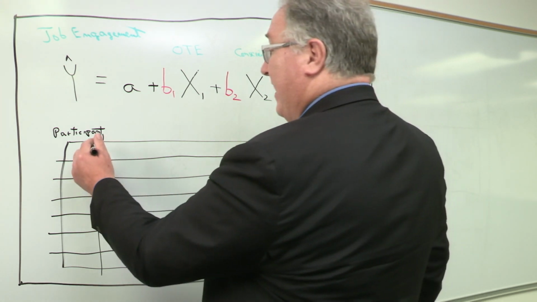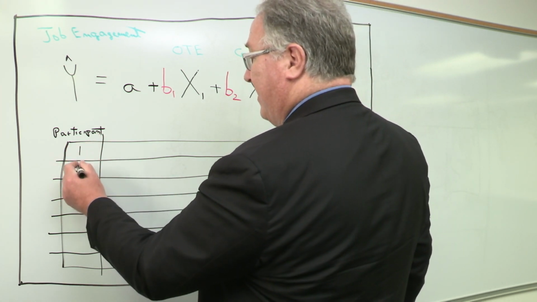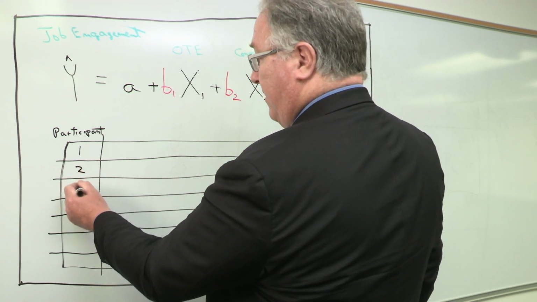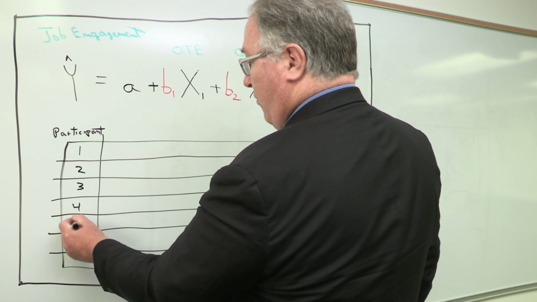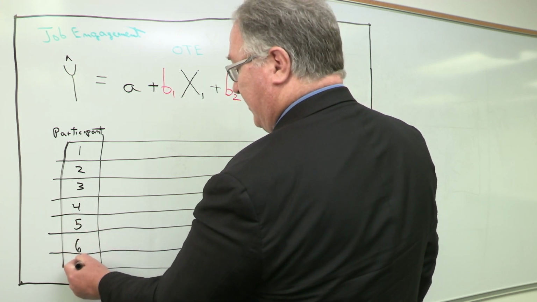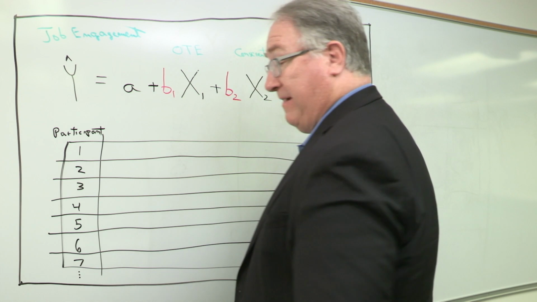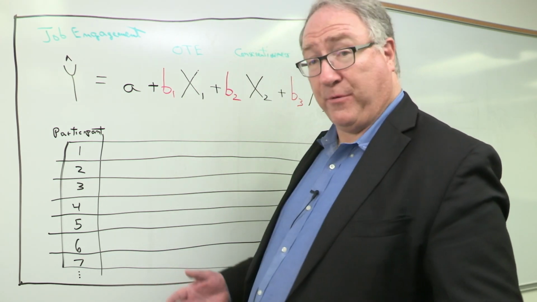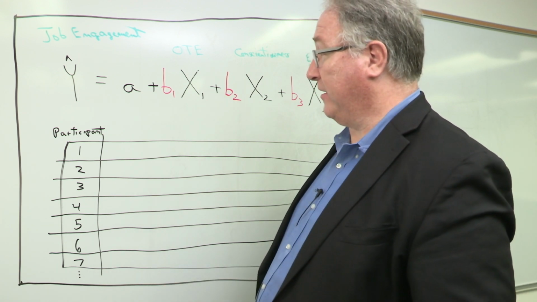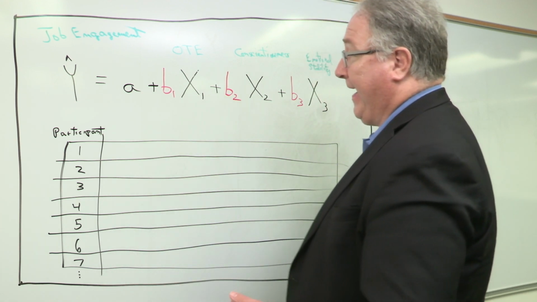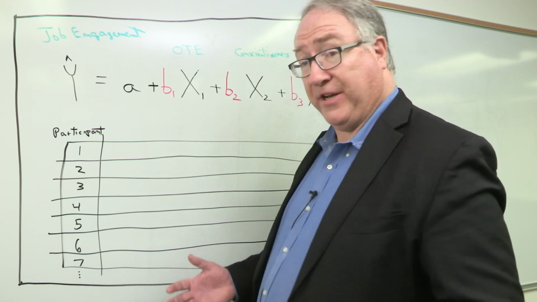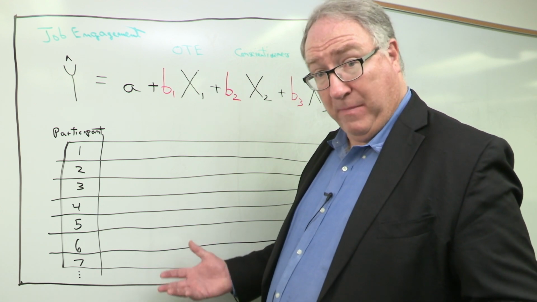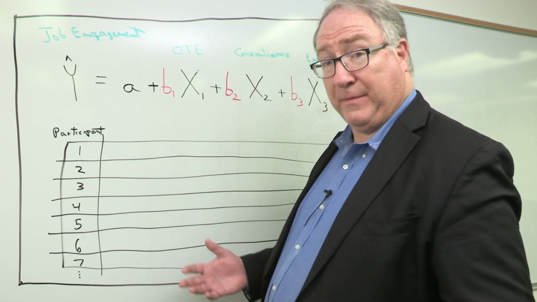All right. So here we have participant 1, 2, 3, 4, 5, 6, and 7. Of course, it goes on. You have many participants in your sample for your regression analysis in all likelihood. And then you have a set of variables, each of which has a measure, because we're talking about statistics here.